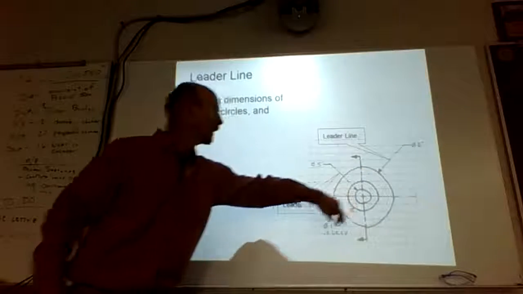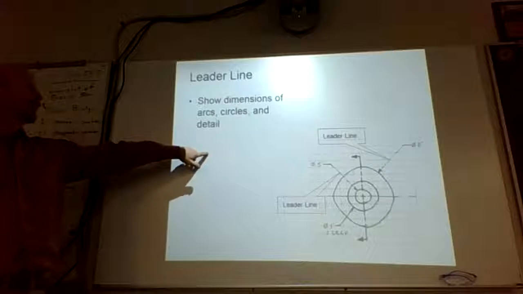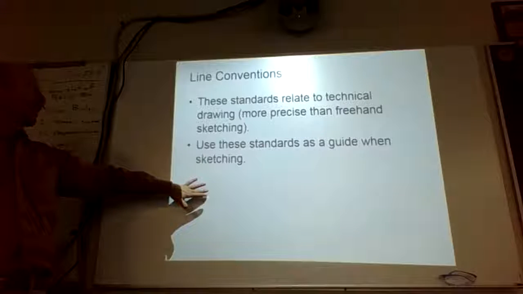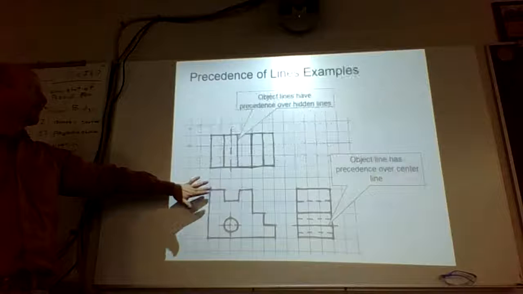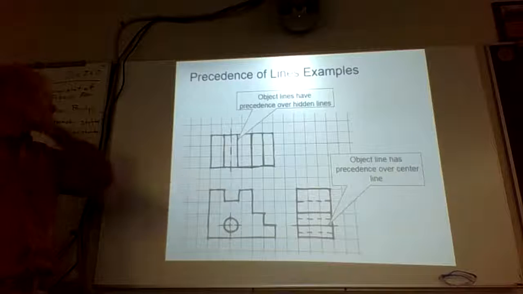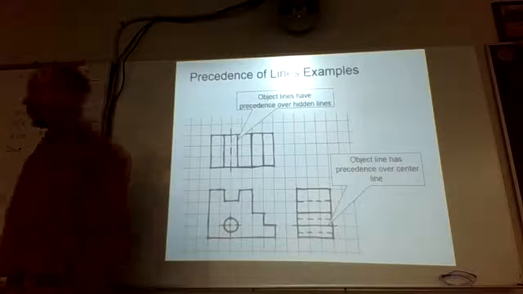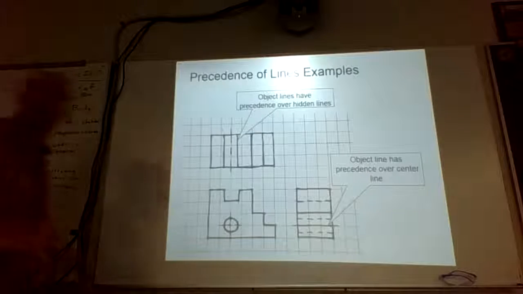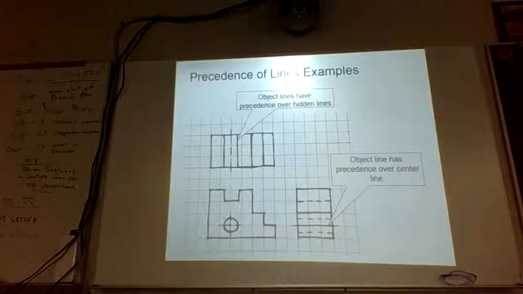Point to the lines. Okay. Precedence of lines. I'm not going through this. Okay. We're going to come back to it later on when we're in about 3 months. Okay. And we'll talk about precedence of lines.